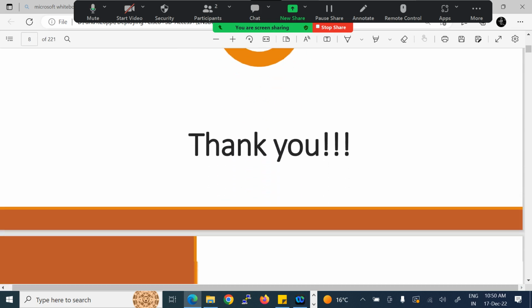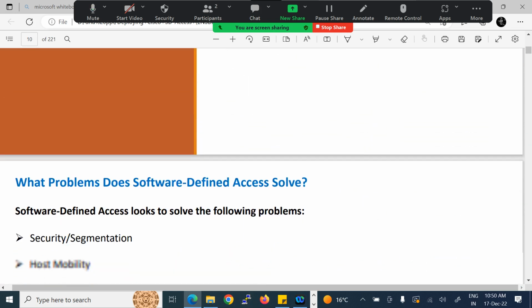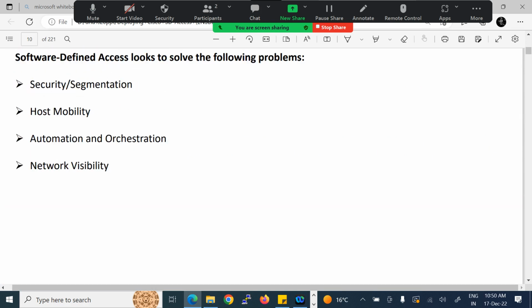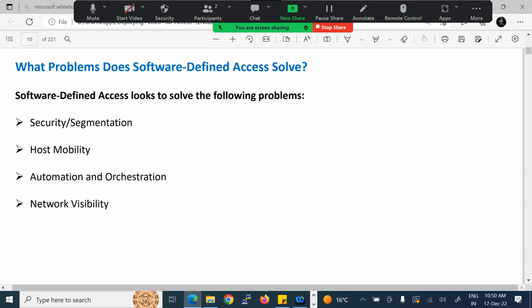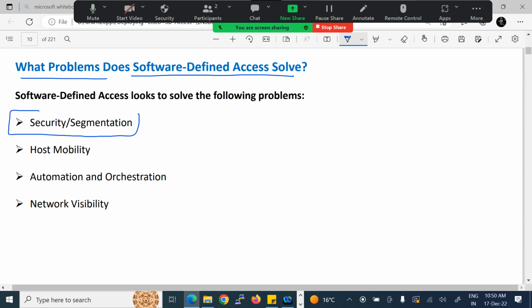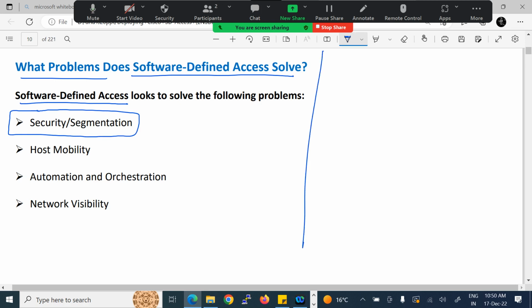Exploring Cisco SDAccess. What problems does software-defined access solve? Right now it is talking about the network itself. What is software-defined access? This is also known as SDA.